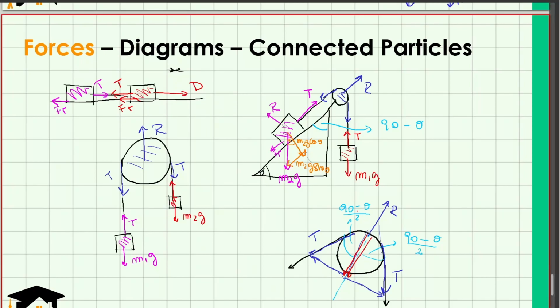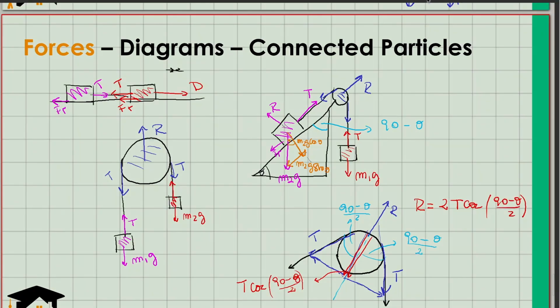Because this angle is 90 minus theta over 2, each of these forces will be T cosine of 90 minus theta over 2. And so it must be that R, the reaction, has to be 2 times T cosine of 90 minus theta over 2.